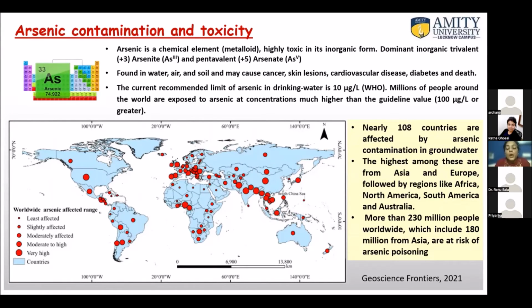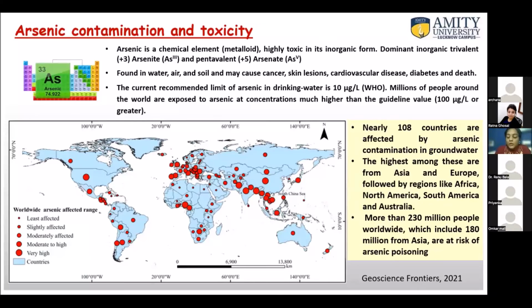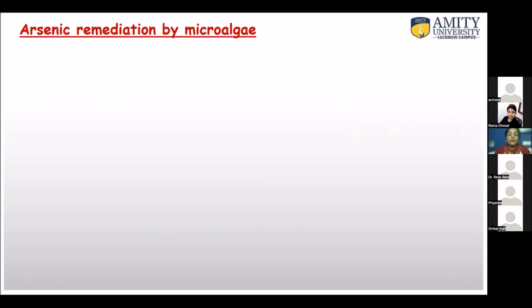More than 230 million people worldwide, which include 180 million from Asia, are at risk of arsenic poisoning. So this is a very important topic which we need to really focus on.